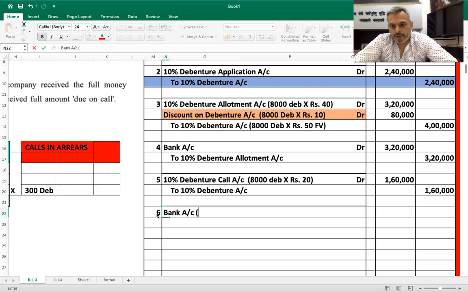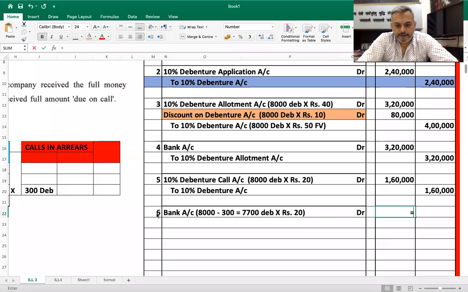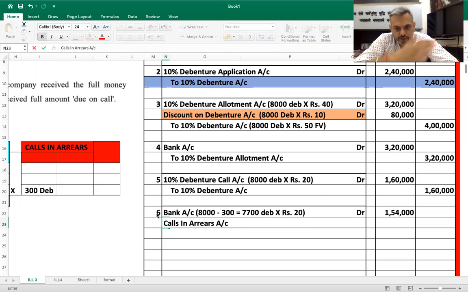Now over here we have calls in arrears. So 8,000 minus 300, which is equal to 7,700 debentures into rupees 20 per debenture. Debit. So 1,54,000. You can use over your calls in arrears, or you may choose not to use calls in arrears. That is also fine, as we did in the chapter share capital.